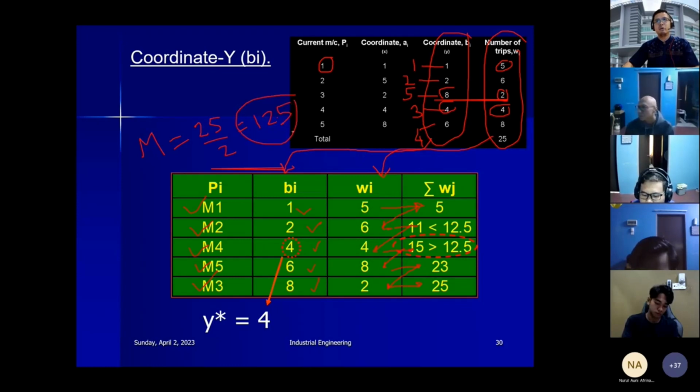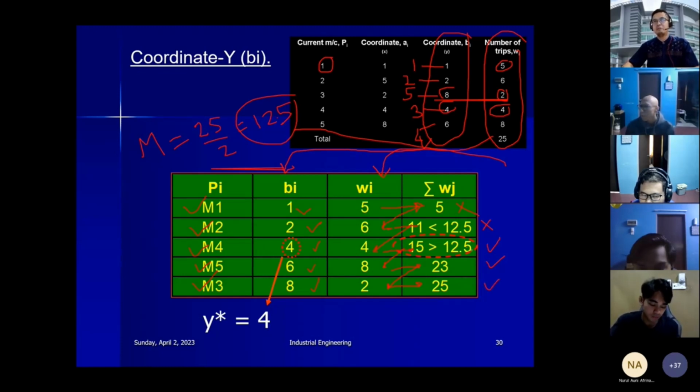So please find out which one is more than 12.5. Is 5 more than 12.5? No. Is 11 more than 12.5? Still no. Is 15 more than 12.5? Yes. Is 23 more than 12.5? Yes. And is 25 more than 12.5? Yes. So which one do we want to select?